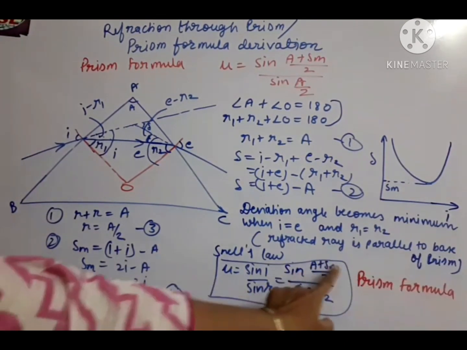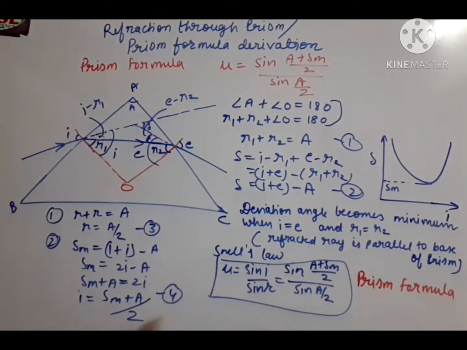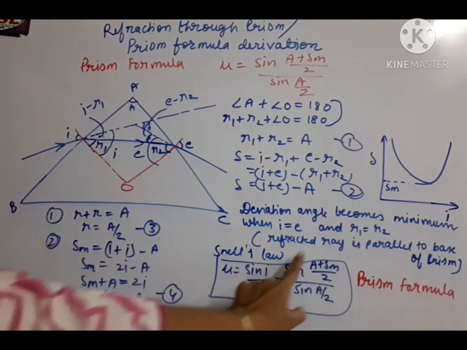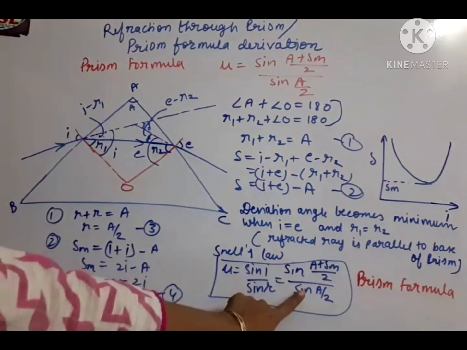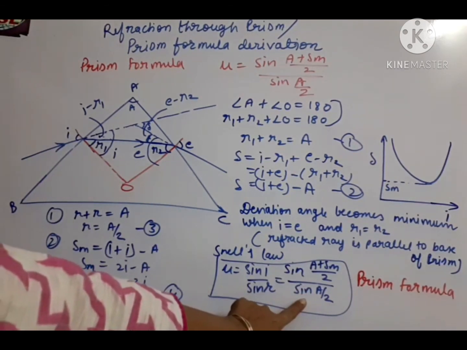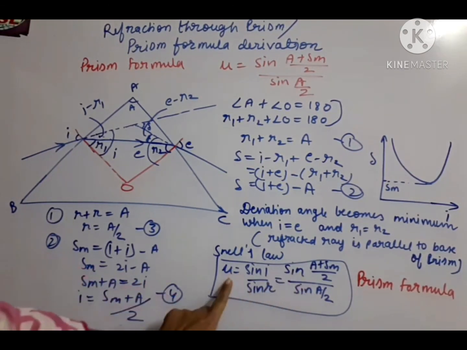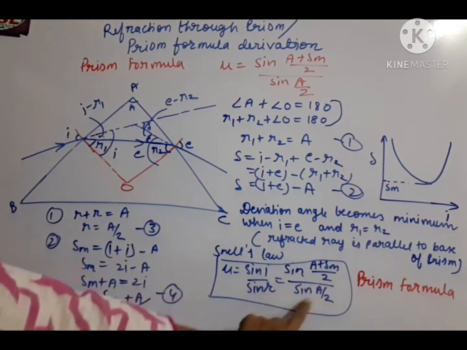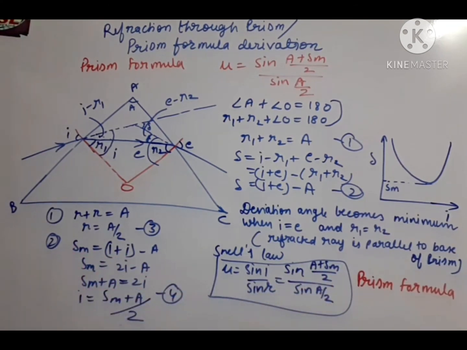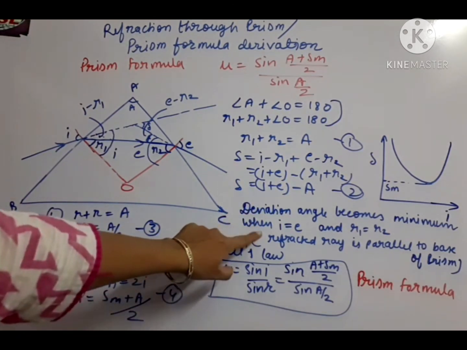I is A plus delta M by 2, and R is A by 2. So mu equals sin of A plus delta M by 2, upon sin A by 2. This is the prism formula, and this is the derivation. Remember the conditions of minimum angle of deviation.